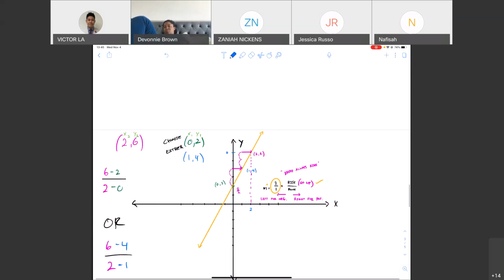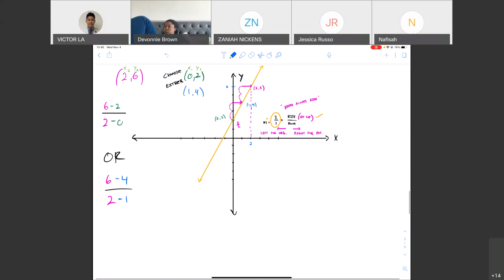And what I'm trying to explain right now is how do you know if this answer is correct? Well, the original slope was 2 over 1, and you can see that if you pick that new point, 2, 6, and you find the slope between either of the original points, whether it's the 0, 2, which I wrote in dark green in the first, or 1, 4, which I wrote in light blue, let's see what happens.